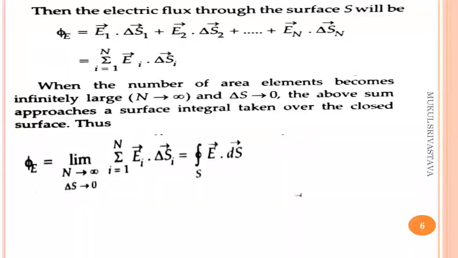Now suppose capital N approaches infinity. In that case, delta S also approaches 0. The above sum approaches a surface integral taken over the closed surface. So here we can say that phi equals the closed surface integral of E dot ds vector.